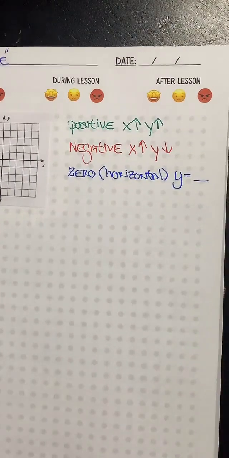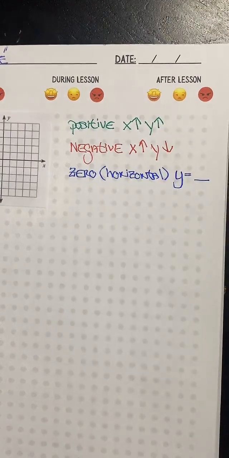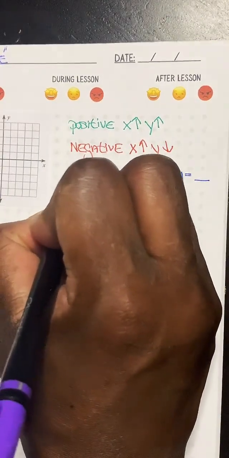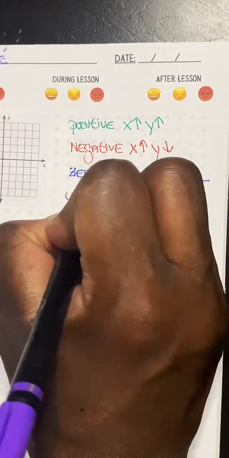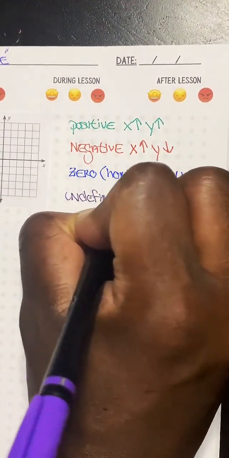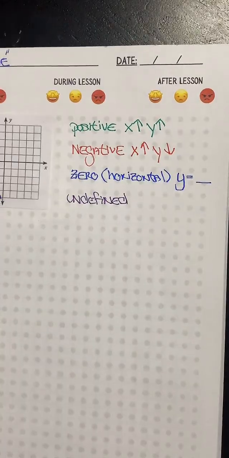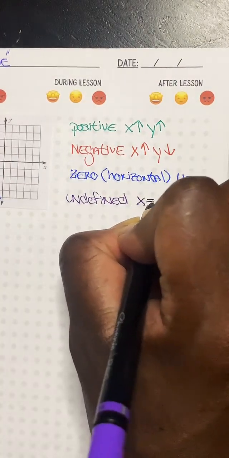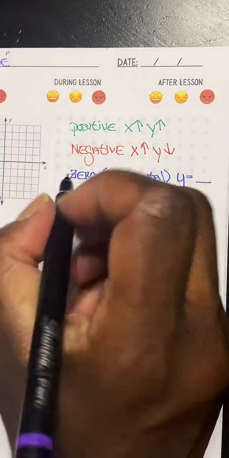Now, the one that confuses everybody is our undefined. So our undefined, that's only going through your x-axis. It's your vertical.